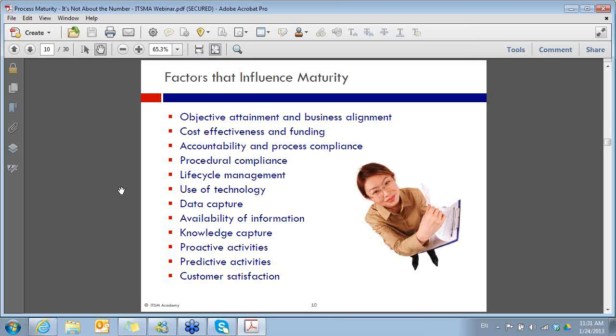So again, I gave the example of change management. If your business needs you to be very agile, do your objectives speak to that agility relative to a given process? Are your processes cost effective? And again, if you have a very bureaucratic process, I bet you a nickel that process isn't very cost effective.